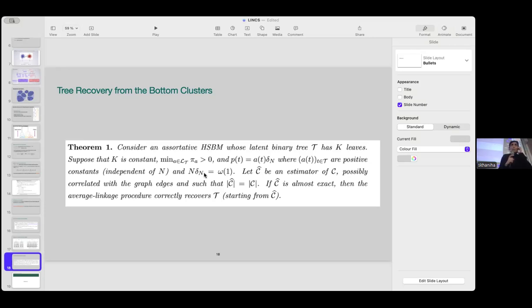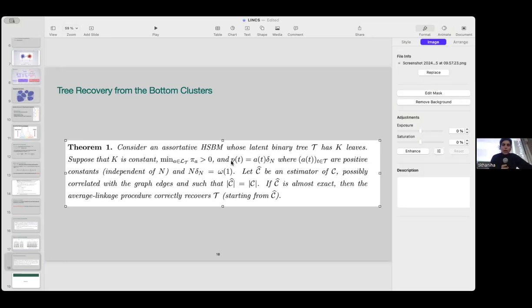Excuse me, Sayeh. In the notation, P of t is equal to A of t delta n. What does delta n mean? Here is the condition that we put for the probability. We have some constant, and it should be big enough to give a good condition.